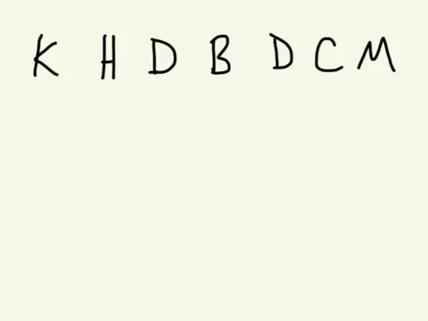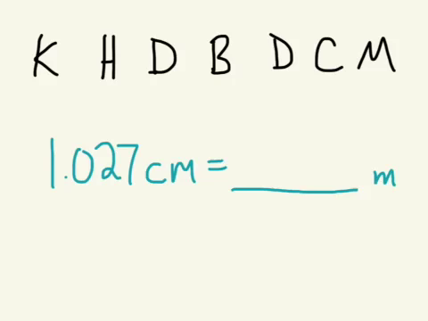Let's try to do an example. Now in this example, we have 1.027 centimeters, which I need to convert into meters. Now how I would do that is first determine where centimeters is. Centimeters is this right here. That's where centimeters is located. And I want to make it to meters. Meters would be located under B, right here.